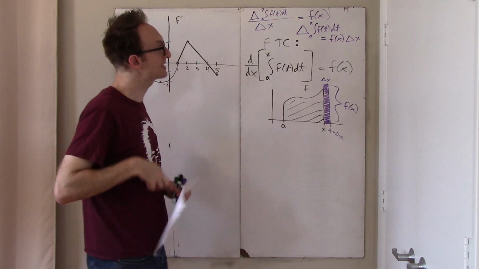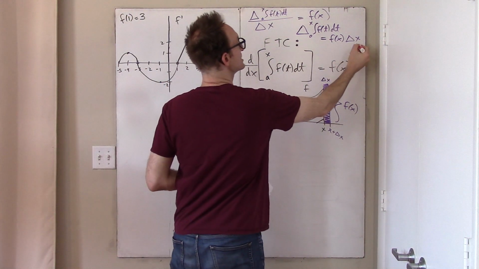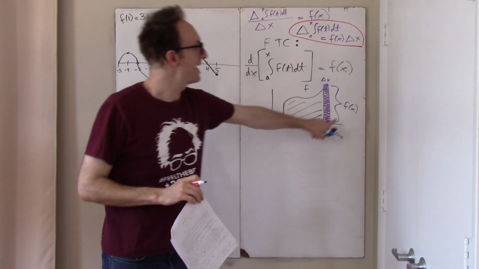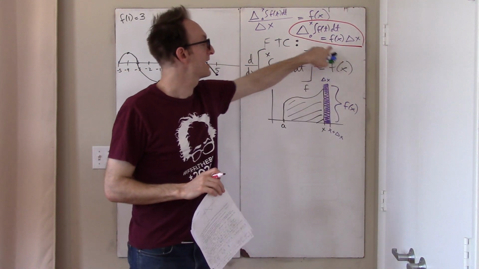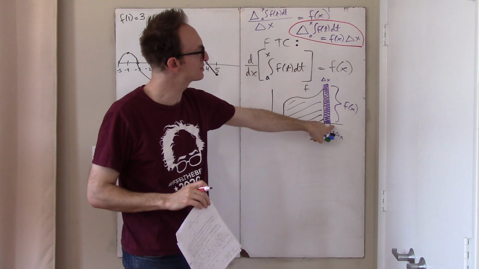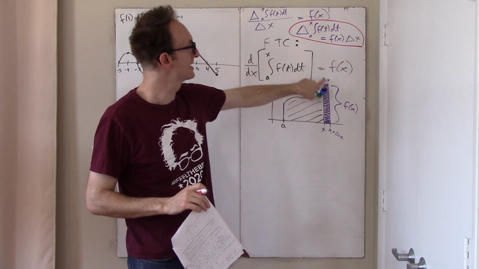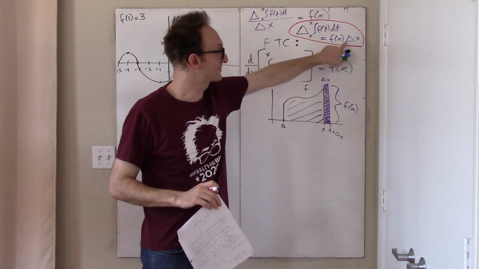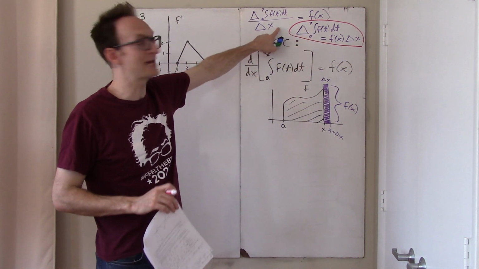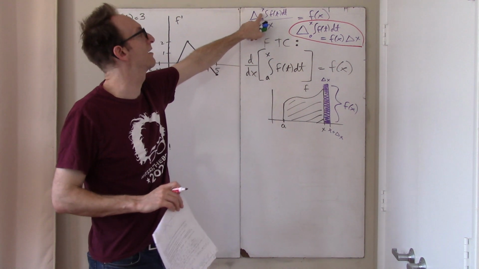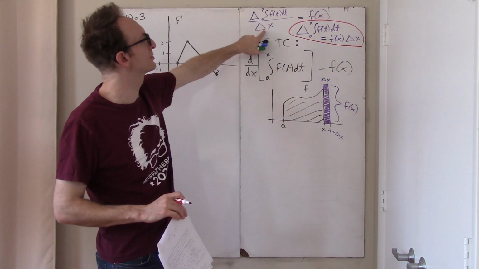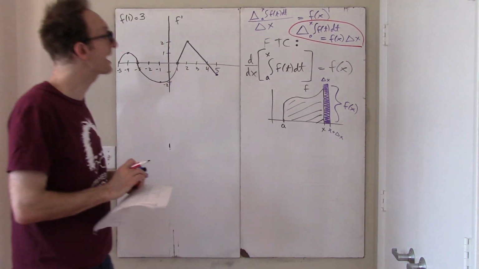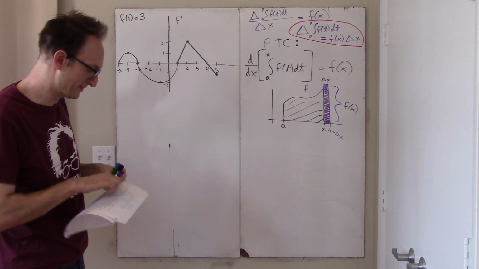And that tiny little rectangle has area f times delta x. And since the rectangle has area f times delta x, then the change in the area function, the integral function, is f times delta x. And written slightly differently, the change in the integral function with respect to a change in x is just whatever the height of the function is at that moment. Okay, that's the deep FTC.